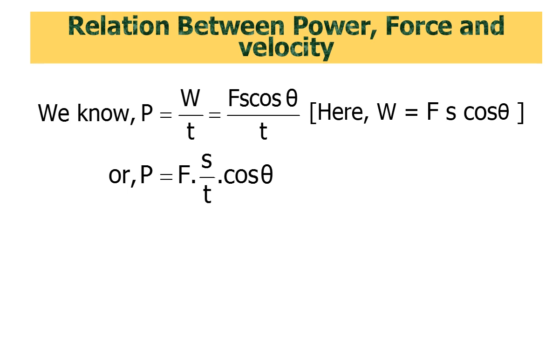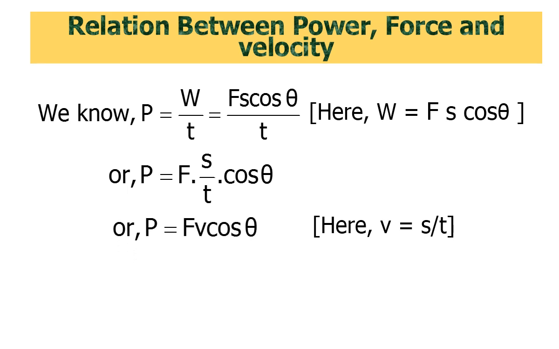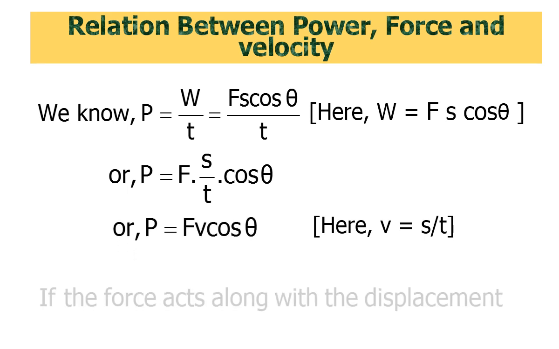cos theta. As you know, the rate of change of position with time is called velocity. That means V equals S by T, and if we put the value of V equals S by T in that formula, then we can write P equals Fv cos theta.